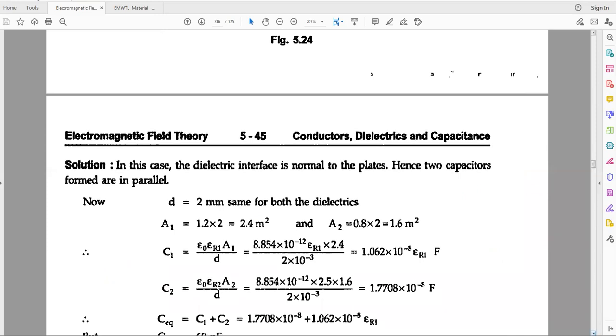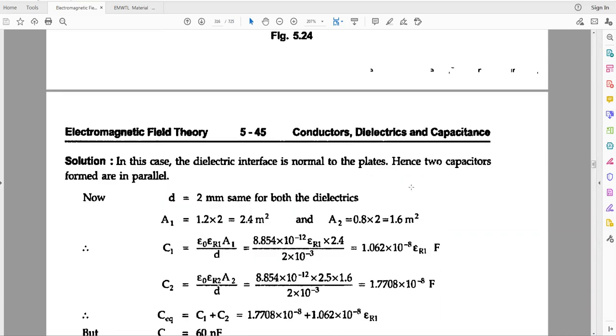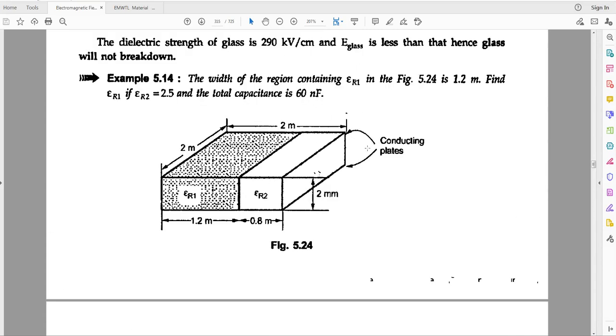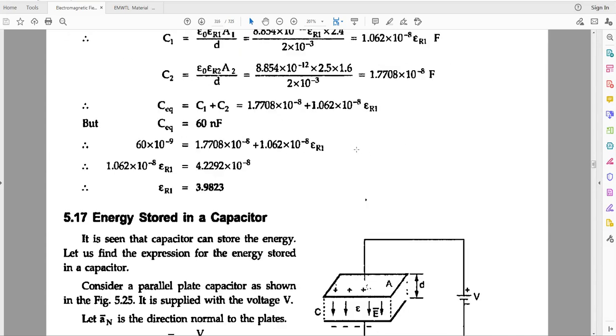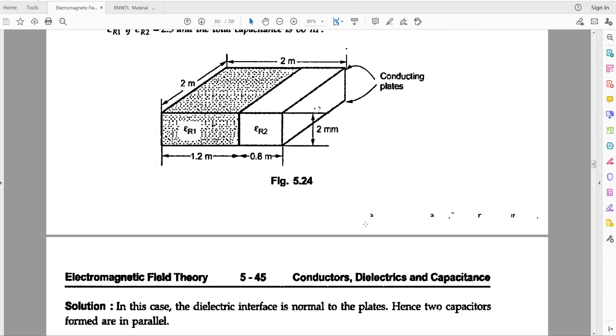C equivalent is equal to 60 nanofarads, given as the total capacitance. In that case, to find epsilon R1, we use epsilon R2 as 2.5.